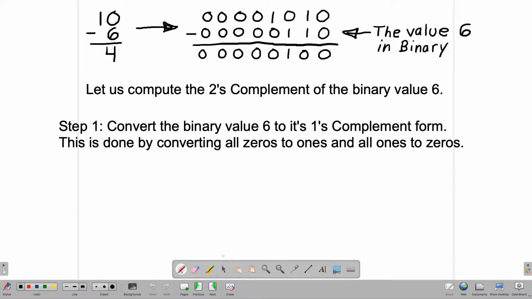So let's look at the previous problem. We have 10 subtract 6 will produce the value 4.